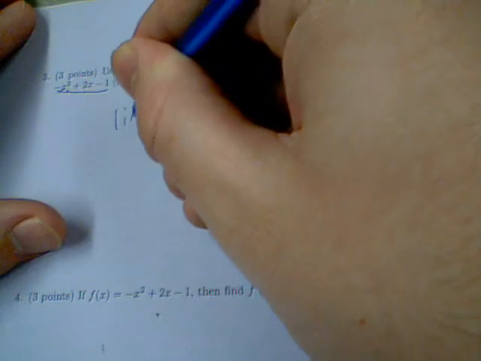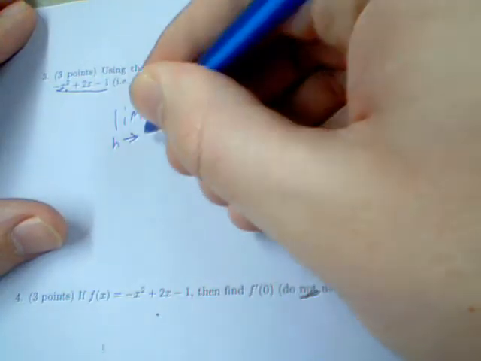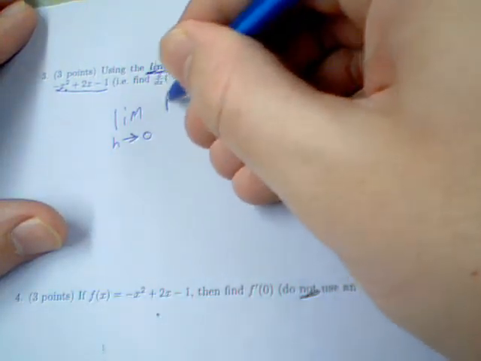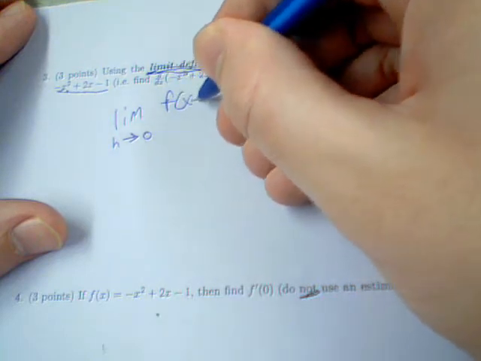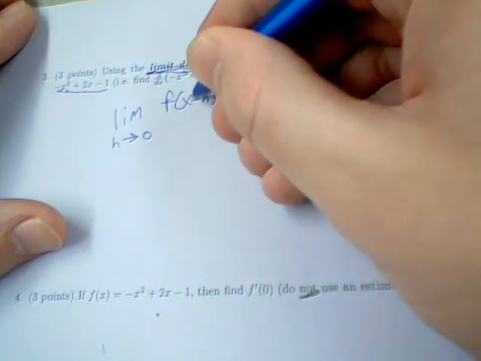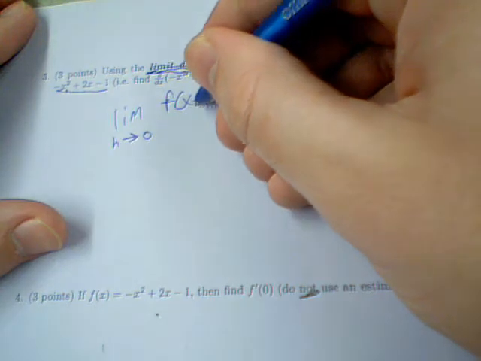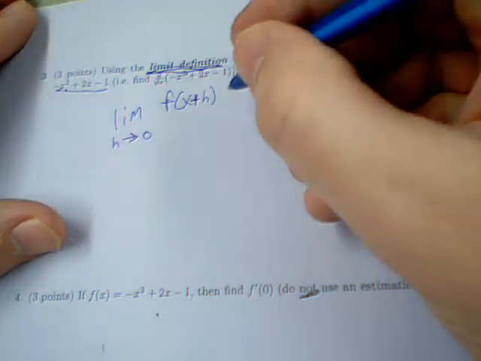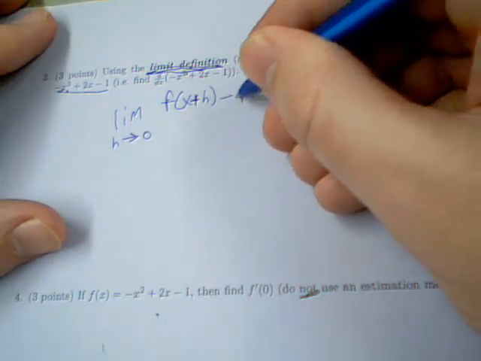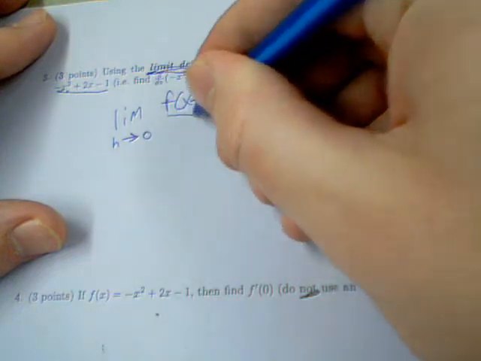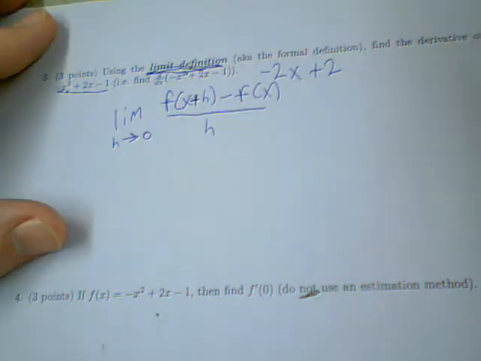So in this case, the derivative is limit as h approaches 0, f of x plus h, you could use either, but we're using x plus h, minus f of x all over h.